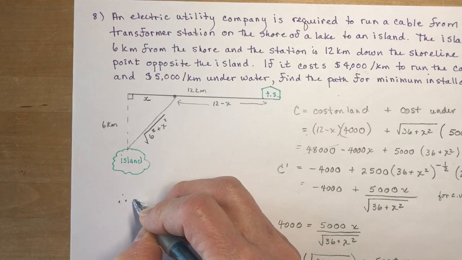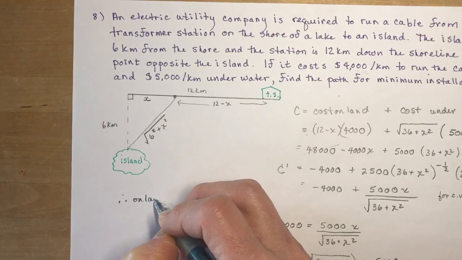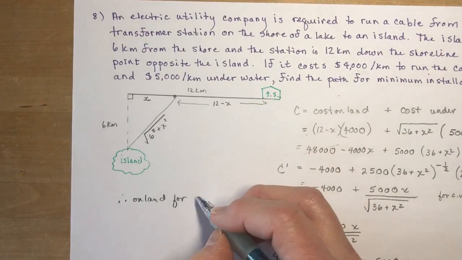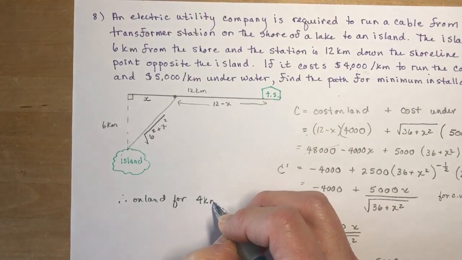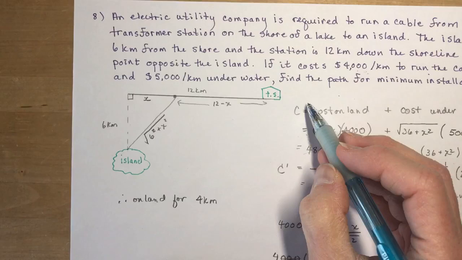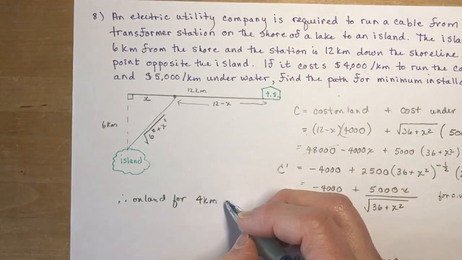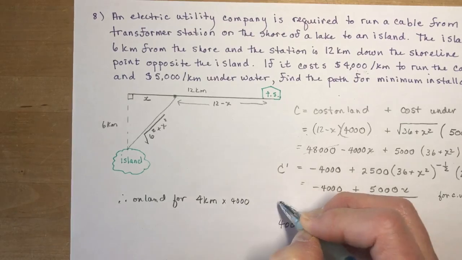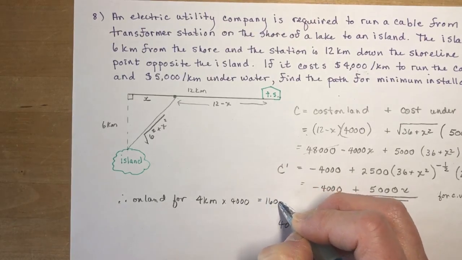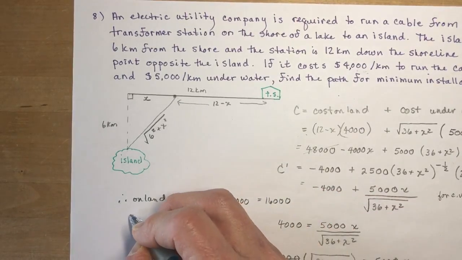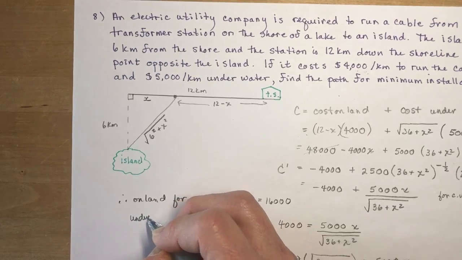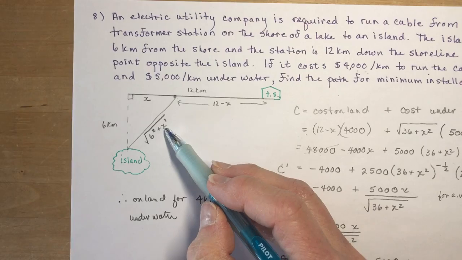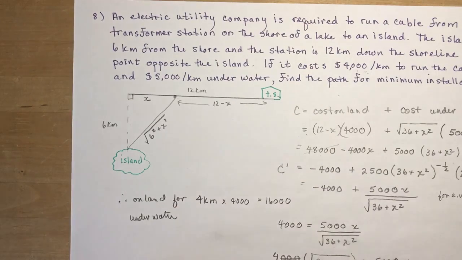So therefore, on land for x is 8, so 4 kilometers. And 4 kilometers on land times 4,000 is going to cost you $16,000 on land. And underwater, so I'm going to put in x's, what do we say, 8.